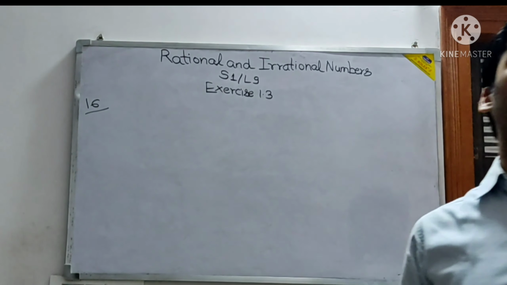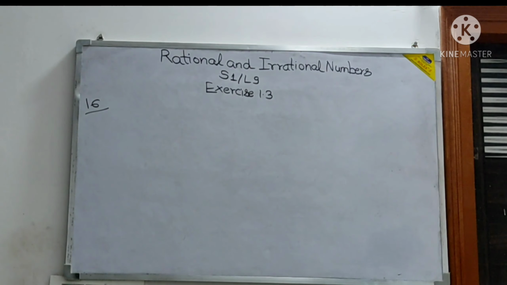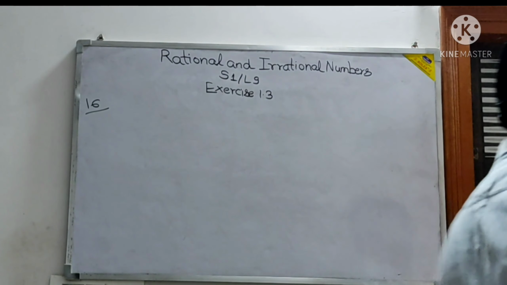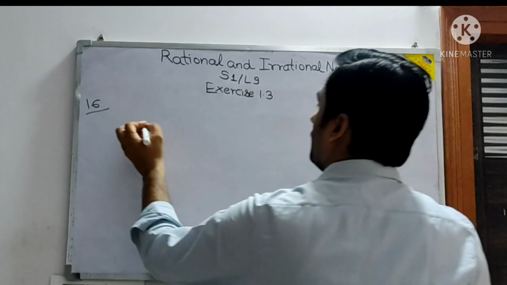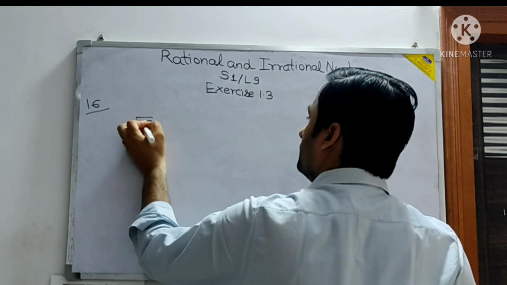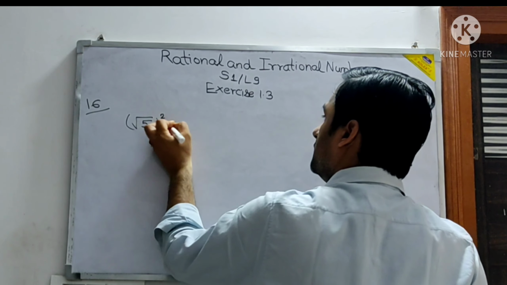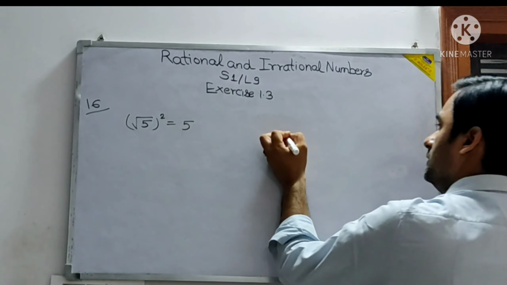Now question number 16 I am taking. So always children do one thing, read the question properly, whether the question is saying insert rational or insert irrational. So 16th is saying insert irrational between root 5 and root 7. How to start with that one? When you insert between root 5 and root 7, first take root 5 square. Root 5 square is what? 5.